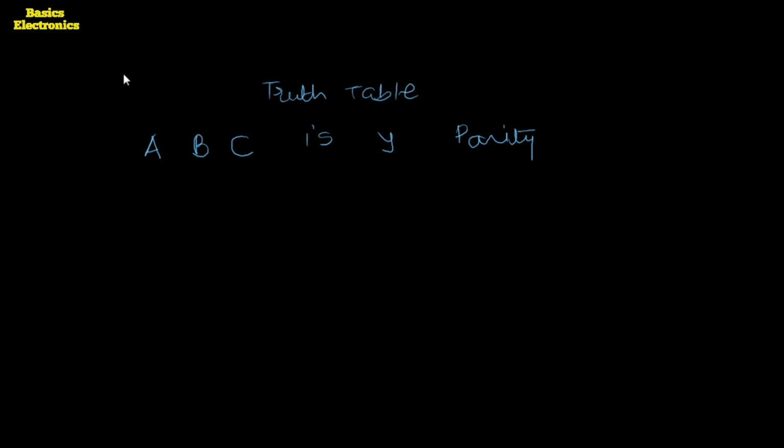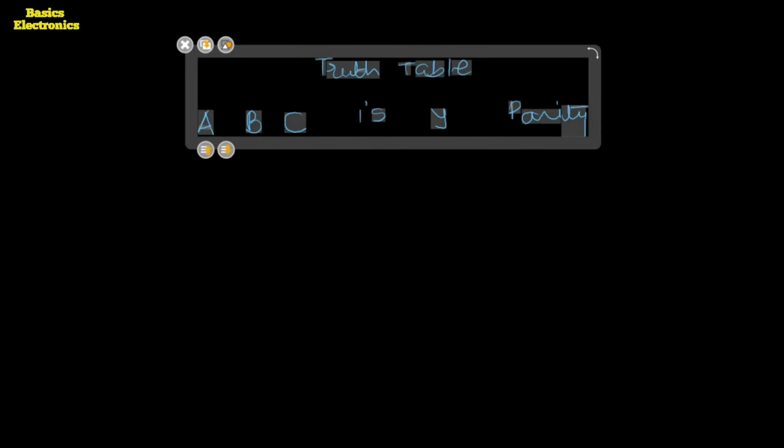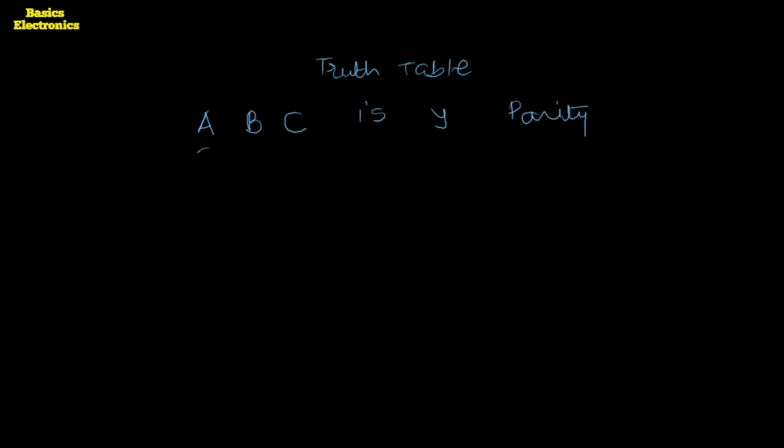Okay, so the first entry is 0, 0, 0. The number of ones is not available, there is no parity, and the output equals 0. Then it is considered even parity. The next entry is 0, 0, 1.